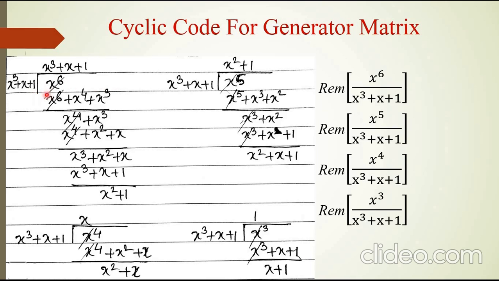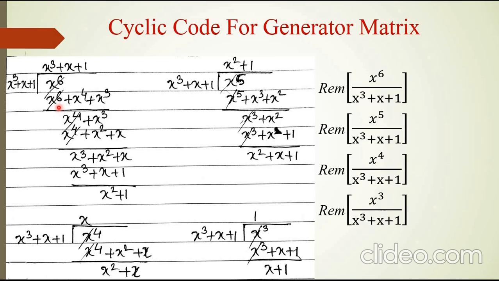Here we have x cube plus x plus 1, and here x to the power 6. So x to the power 6 is divided by x cube plus x plus 1. We just need to multiply by x cube to get x to the power 6. Here it will be x to the power 6 plus x to the power 4 plus x cube, because we need to multiply x cube with this, and then we get x to the power 6.